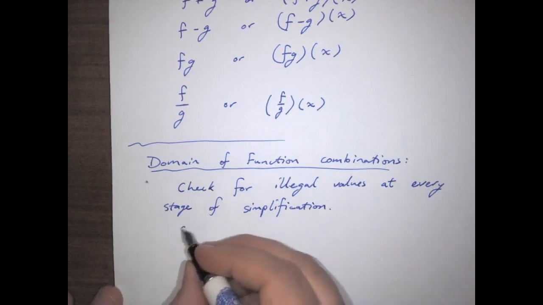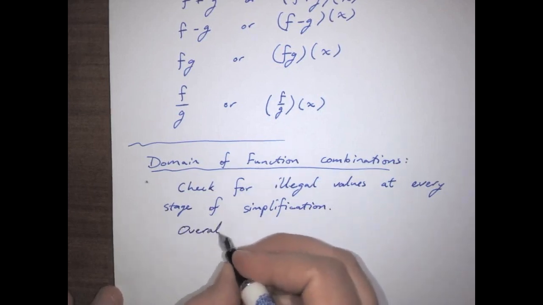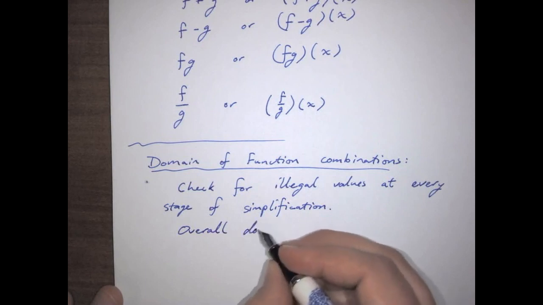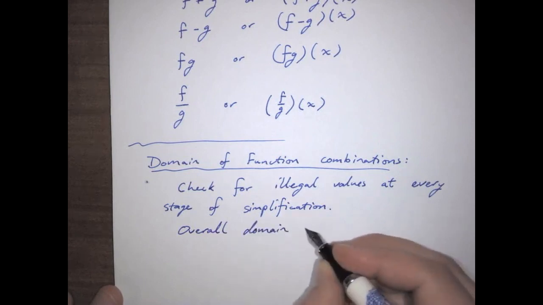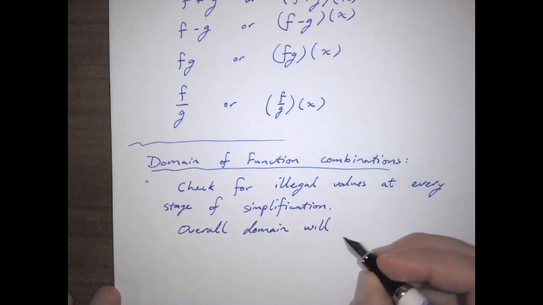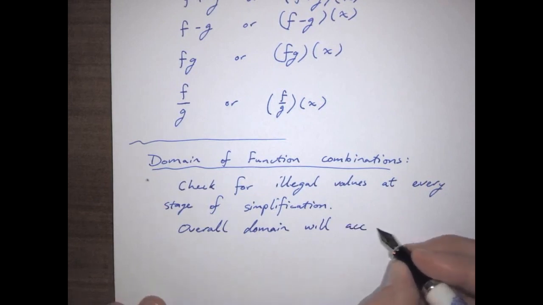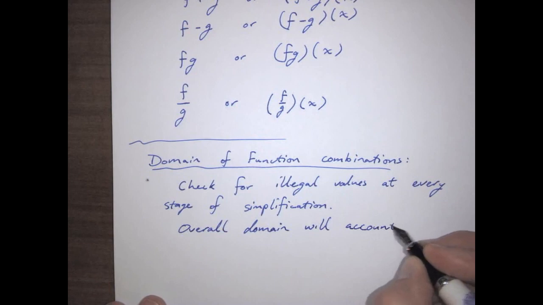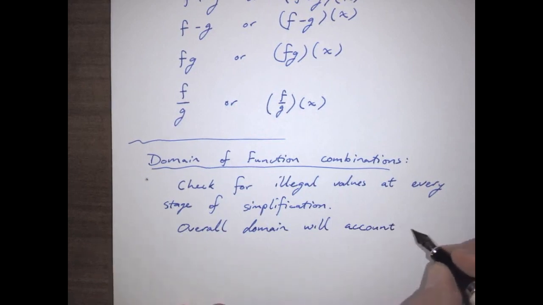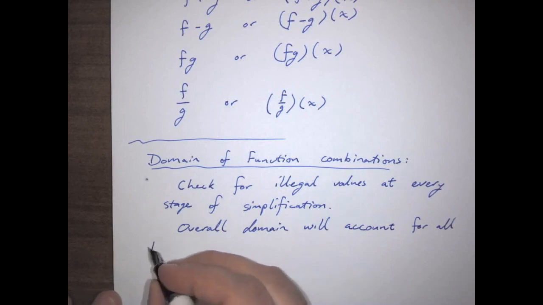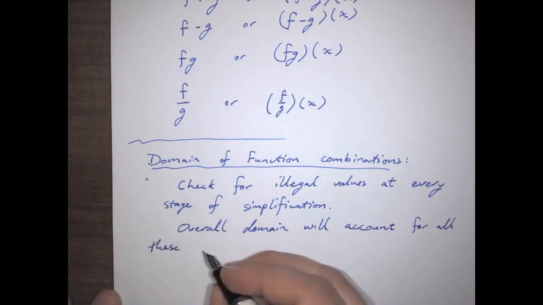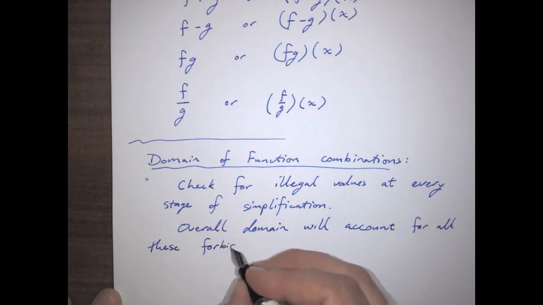And then the overall domain will account for all these forbidden values.